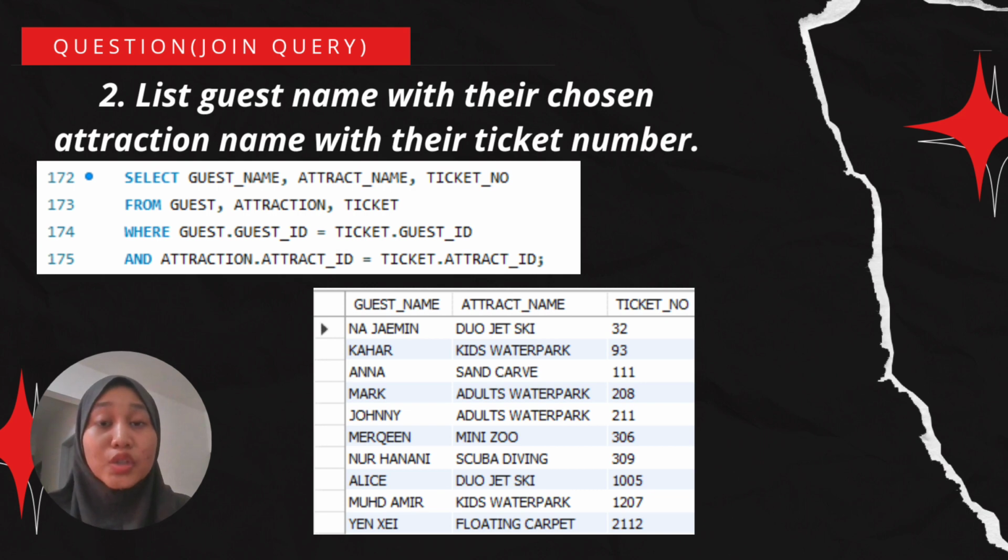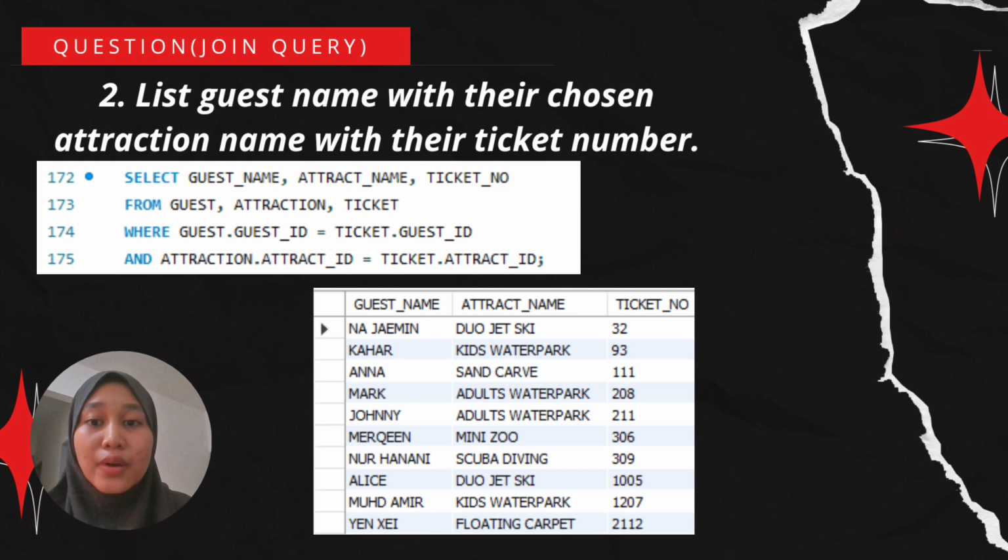The next question for join query is list guest name with their chosen attraction name and their ticket number. As you can see, these are the command and the output for this question. For the command, we have to select guest name, attract name, and ticket number. As you know, these are from 3 different tables, that's why we have to use join query.